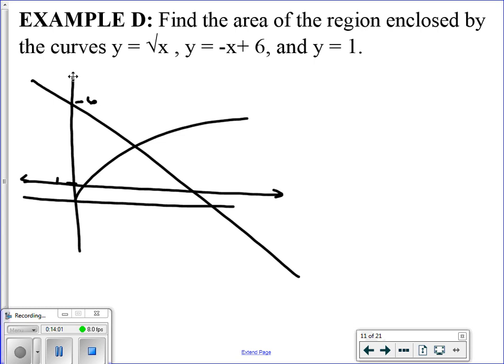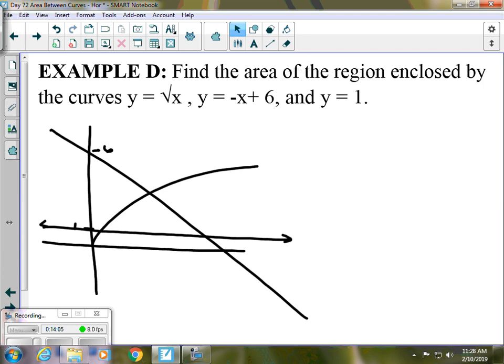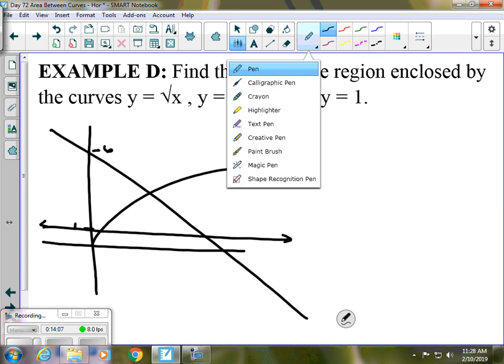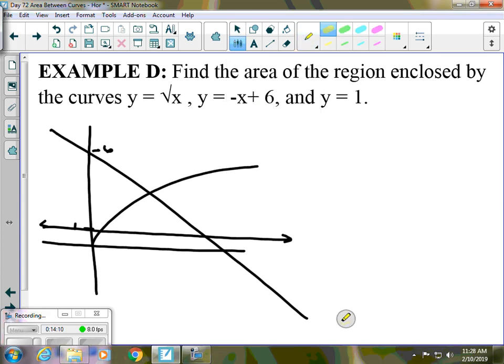So just to be clear, let's just shade that in a little so we can see what we're going for. We're looking at this region. So we want to find the exact area of this region.